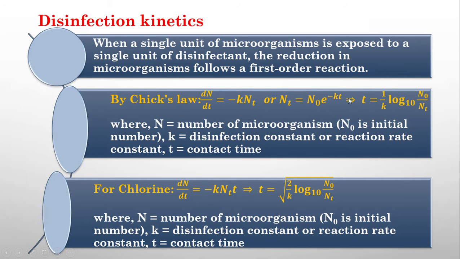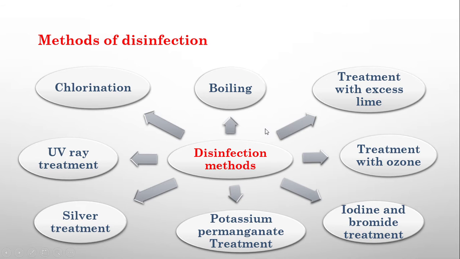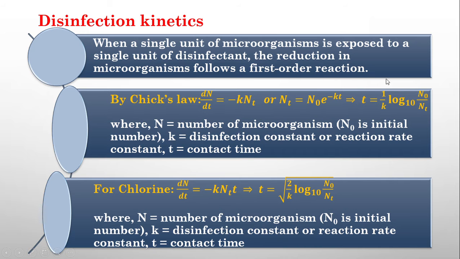N is the number of organisms, where N0 is the initial number of organisms. Finally we integrate this equation and get the contact time for the disinfectant: t = (1/k) log10(N0/Nt), where N0 is the initial number of organisms and Nt is the number of organisms at time t.